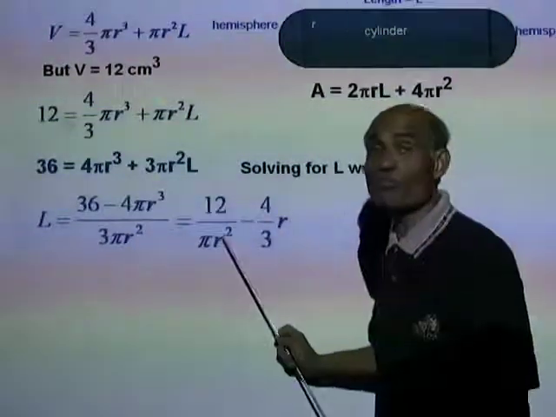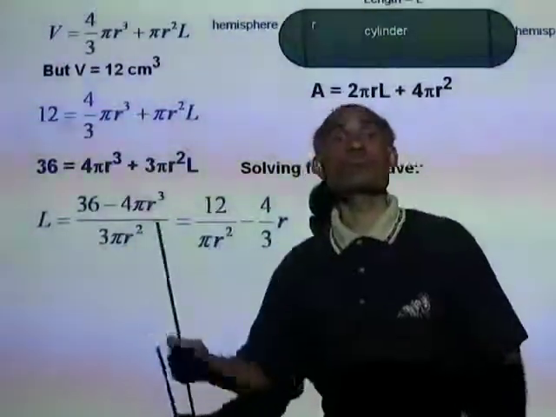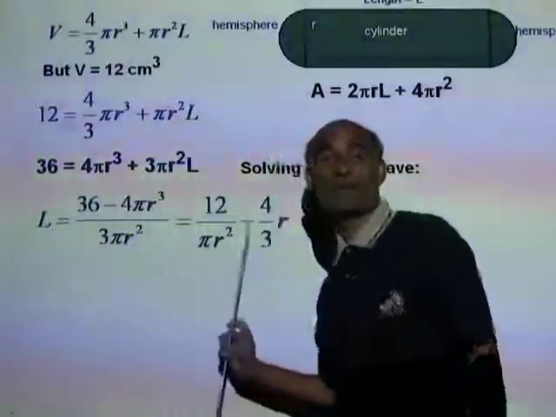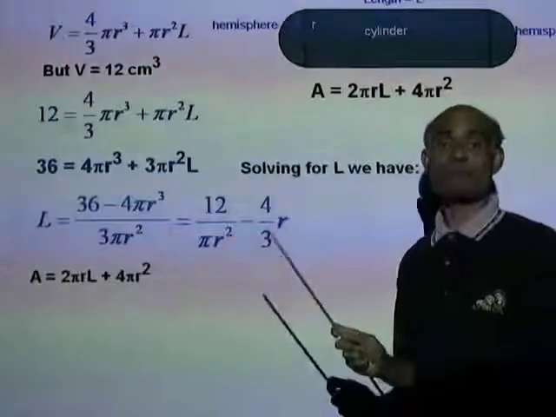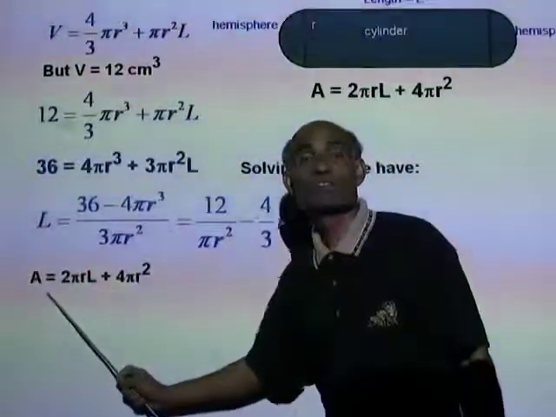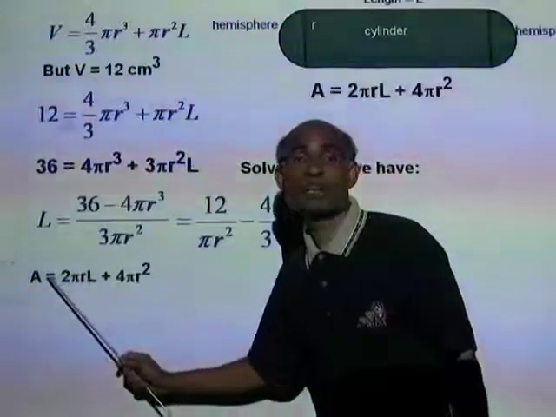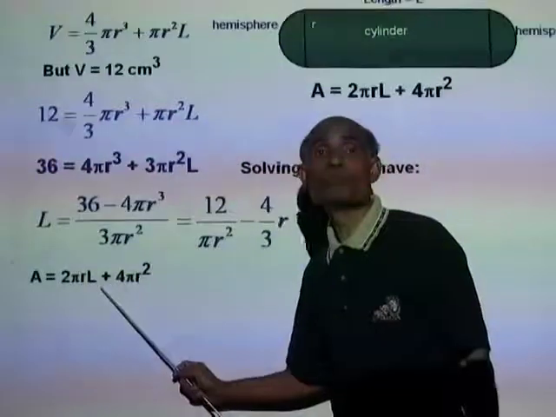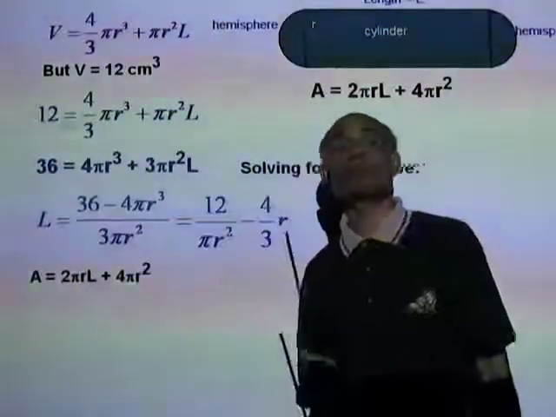Therefore, in our function for the surface area, we will replace L with this quantity. Now, what is the area function we have? The area function we produced earlier is A equal to 2 pi r L plus 4 pi r squared.